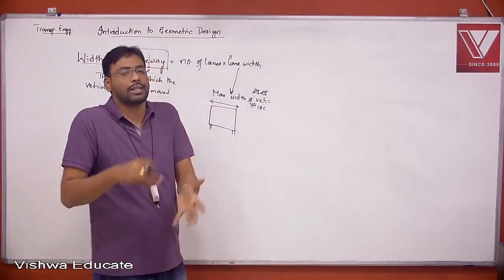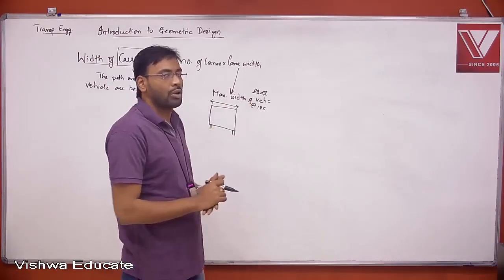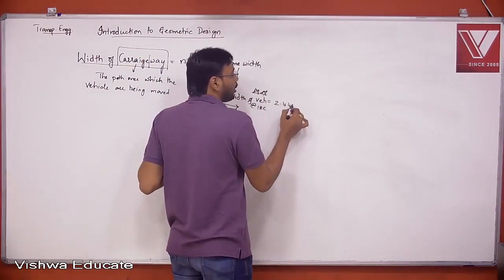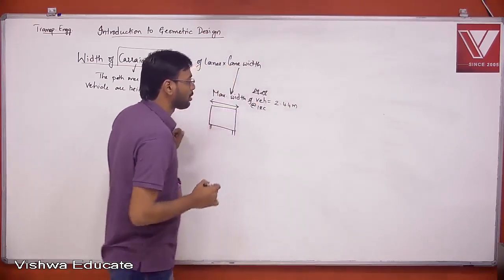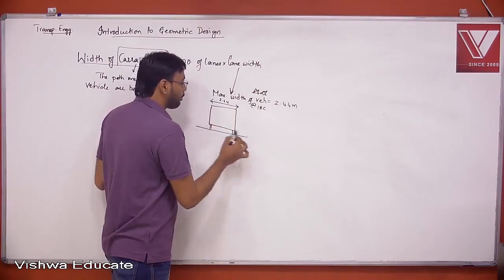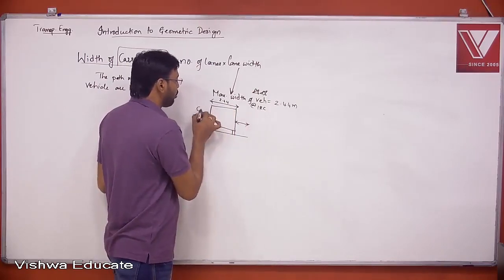Means if a vehicle has to be moved on the Indian roads, then the maximum width of the vehicle as per IRC should not be more than 2.44 meters. So it is 2.44 meters plus some clearance on both the sides.